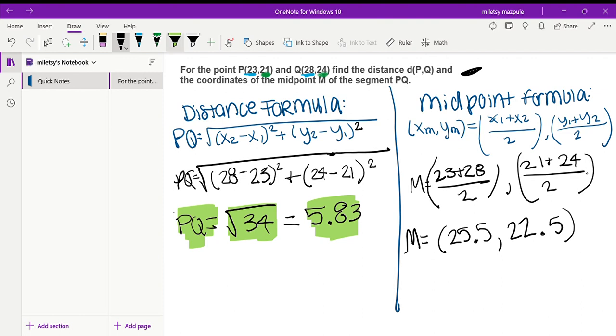So that ordered pair is going to be your answer for the midpoint. So that's going to be your x and your y.